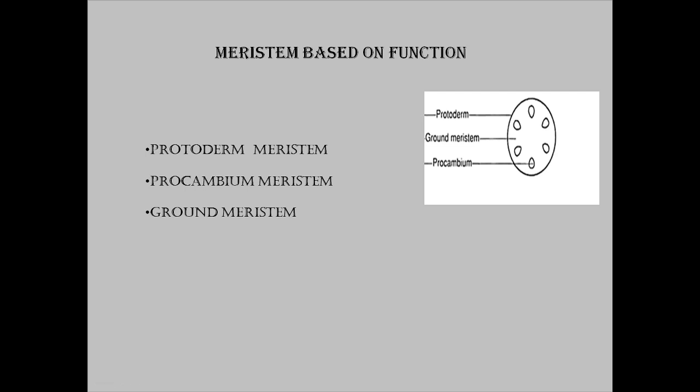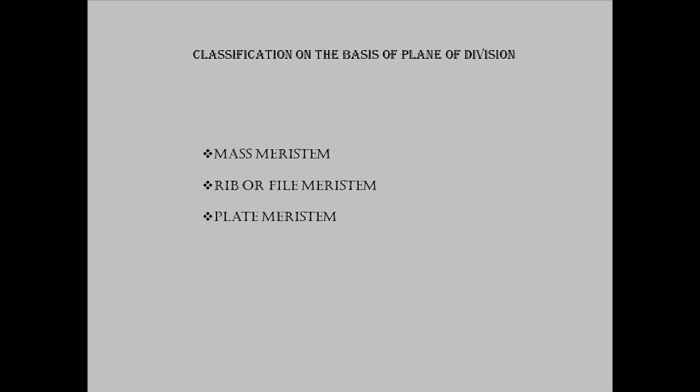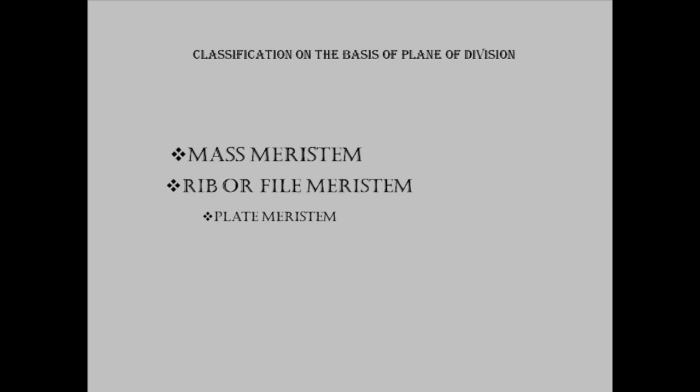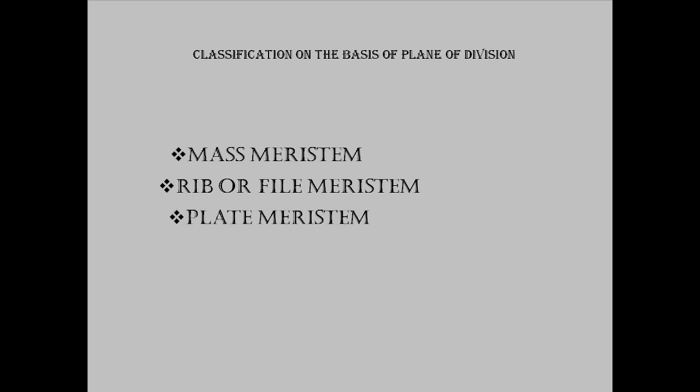Now, the next type is classification on the basis of plane of division. The first type is the mass meristem, the second is the rib or file meristem, and the third is the plate meristem.